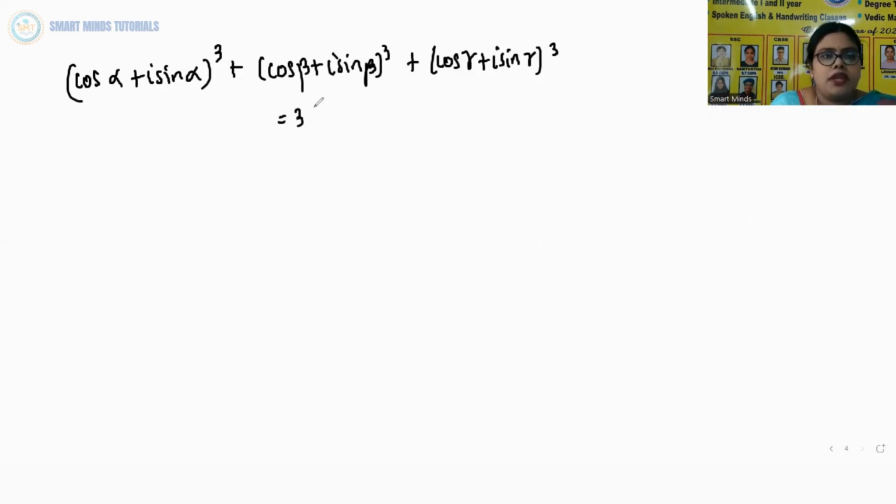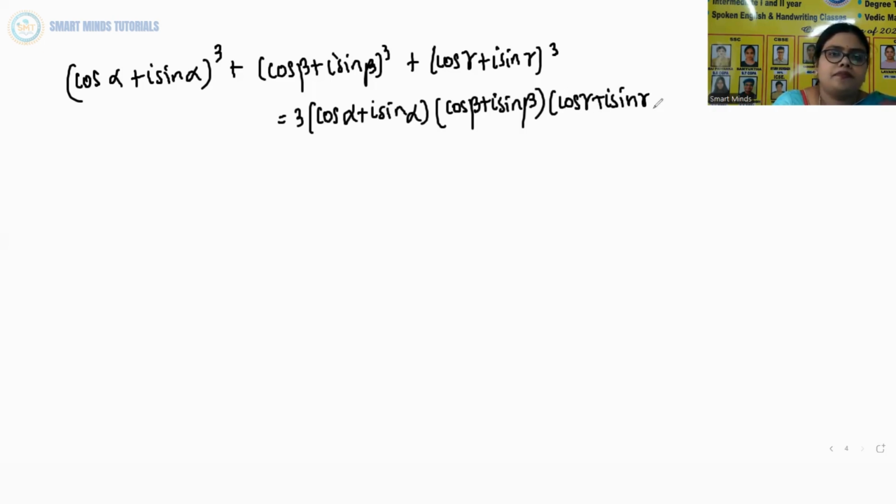So we write 3 into (cos alpha plus i sin alpha), (cos beta plus i sin beta), and (cos gamma plus i sin gamma). Now for the left hand side, for each bracket we apply De Moivre's theorem.